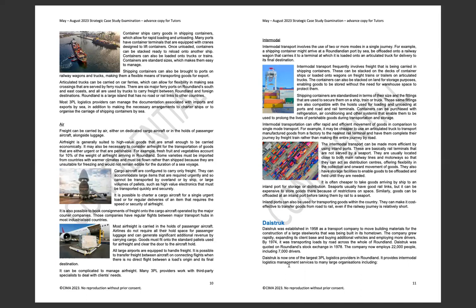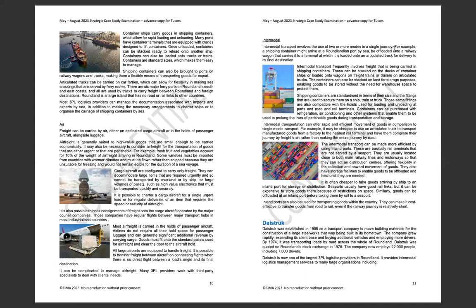Here we are being told that we are one of the largest 3PL logistics providers in Roundland, which provides intermodal logistics management services to many large organizations, including the following. So what is intermodal? All right. So we provide 2 or more modes in a single journey.